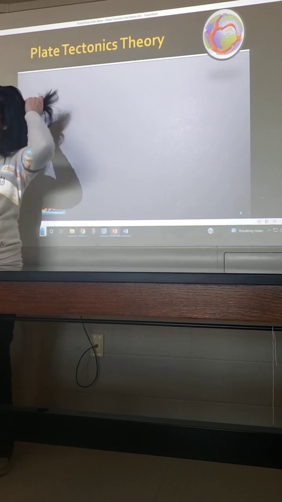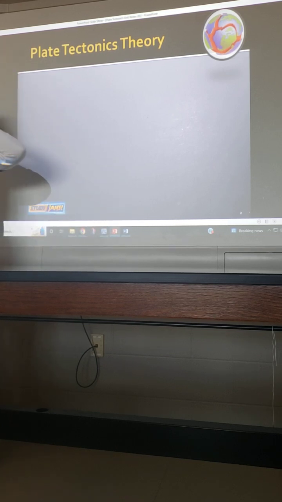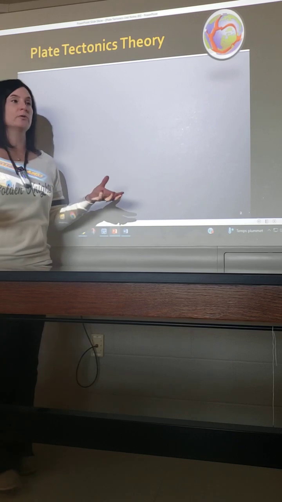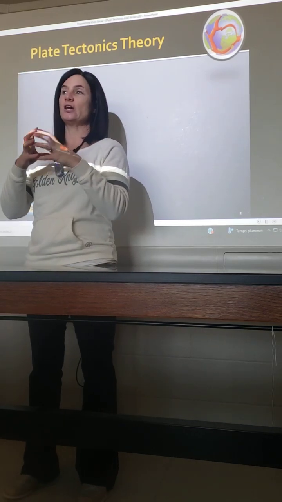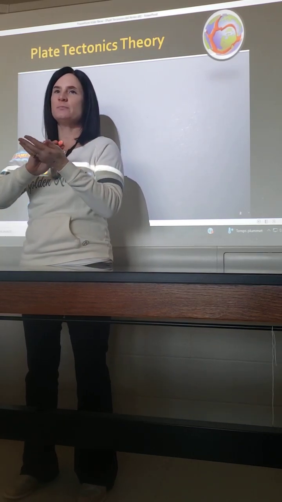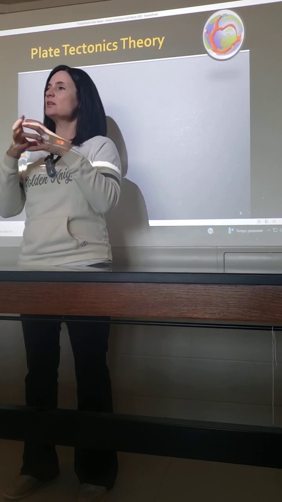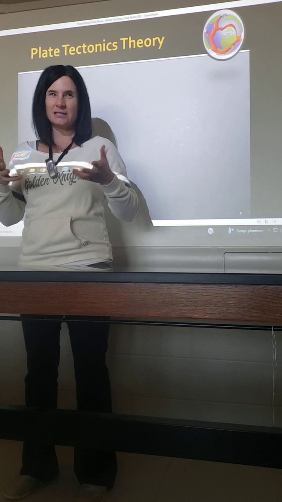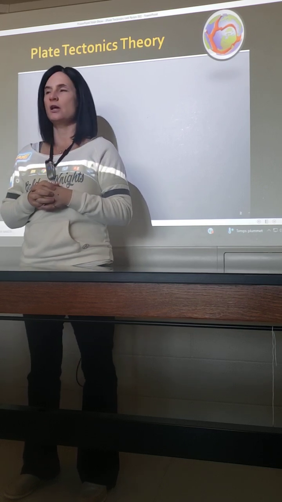Yes? So, the world isn't just all connected, like all the continents? Correct. And the ocean? Correct. Think of a hard-boiled egg. If you have that hard shell, and you just barely crack it, it's still together, but there's little fissures or little cracks. That's kind of what the lithosphere is.